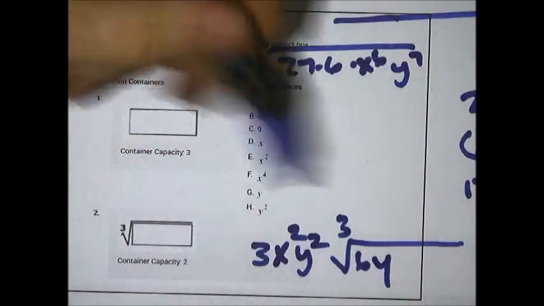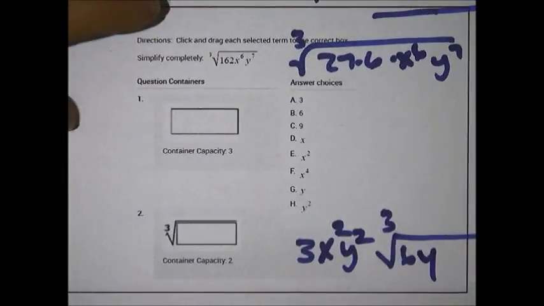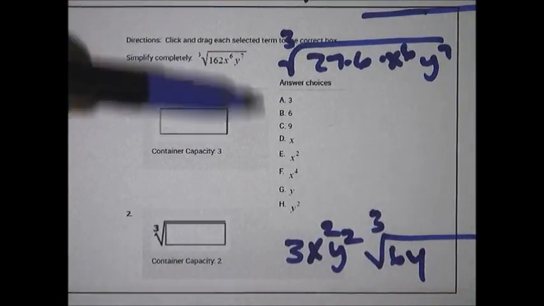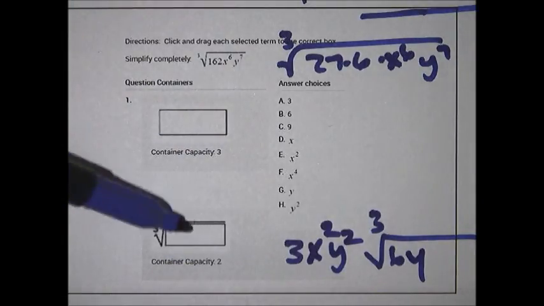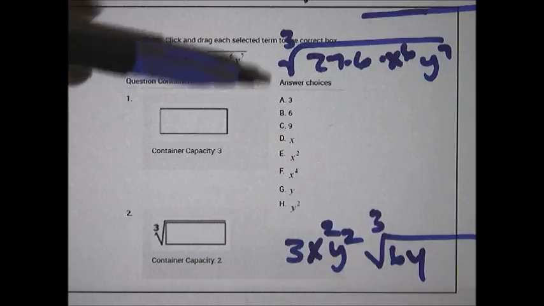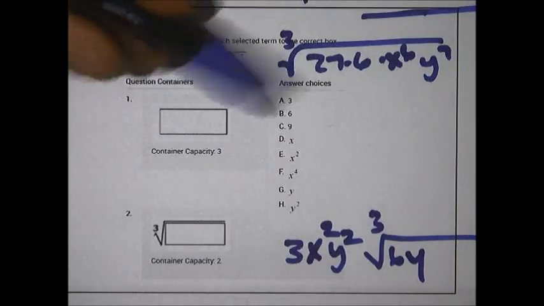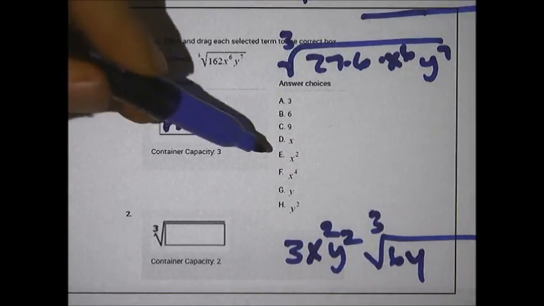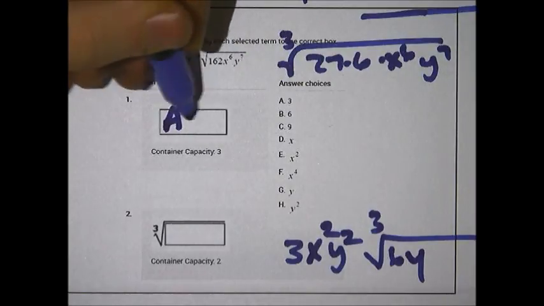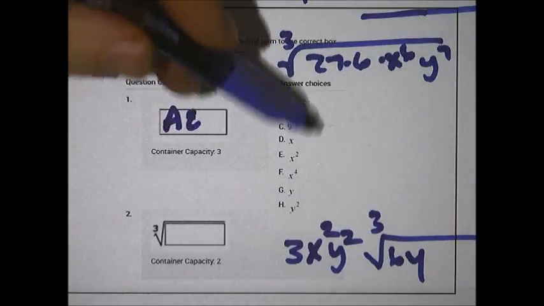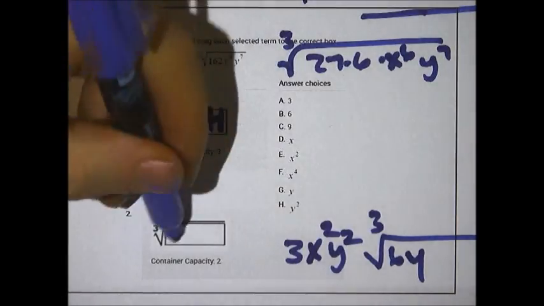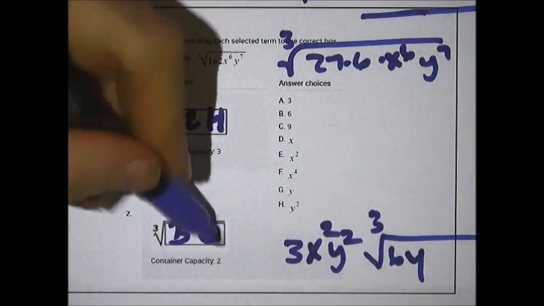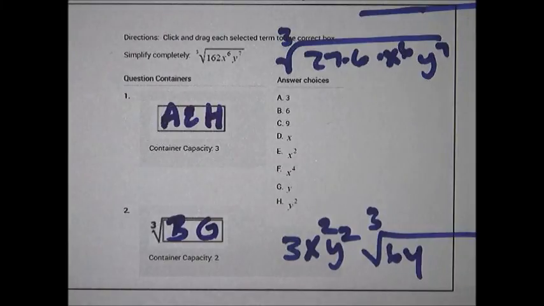So if this is one of my tests, that's good right there. But in this SOL format, they're asking you to write the letters out here for the stuff that would be out front, and the stuff in here for the ones that would be underneath the root. So for out front, you're looking for a 3, which is A. You're looking for x squared, which is E. And you're looking for y squared, which is H. Underneath is 6 and your y.